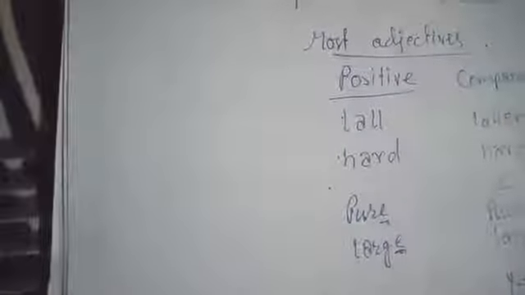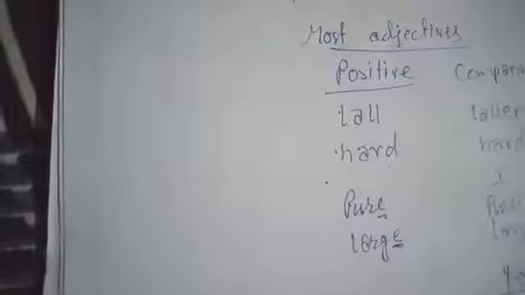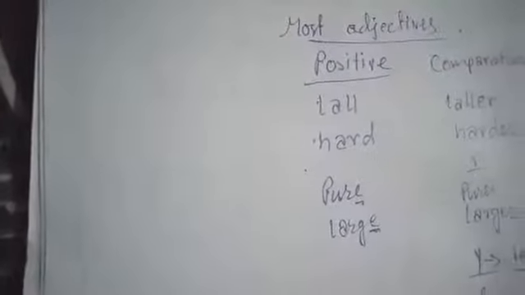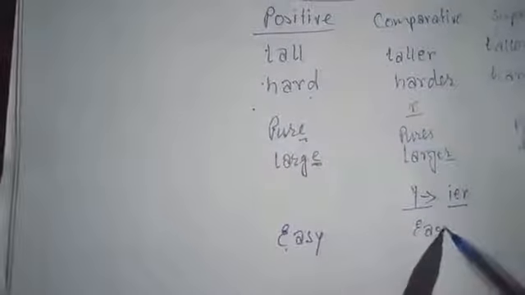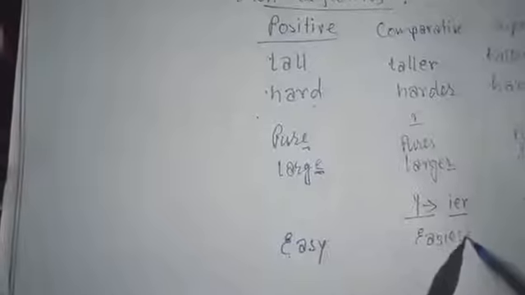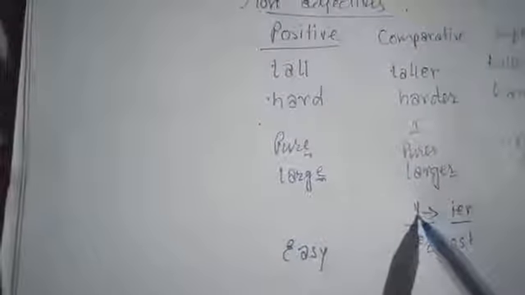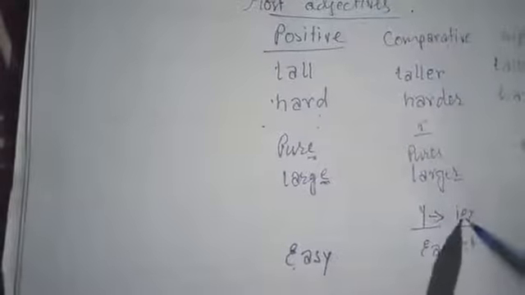Instead of y we'll use ier, and instead of y we'll use iest. Easy, we will write as E A S I E S T. See, we have removed the y and we use ier.